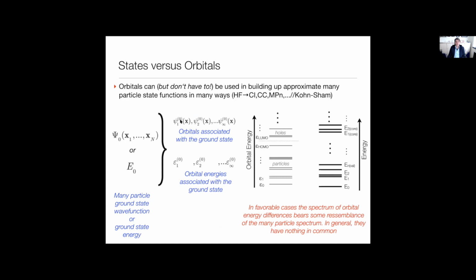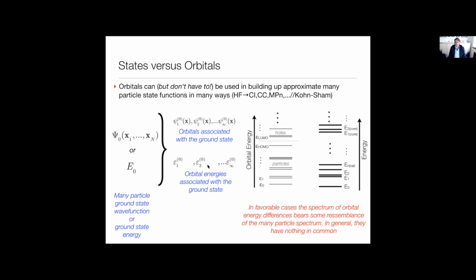And quite typically, these orbitals come with orbital energies that would be the so-called canonical orbitals. And since we normally optimize the ground state, these orbital energies are associated with the ground state. Now you have occupied orbitals, you have unoccupied orbitals. And the occupied orbitals in physics language are called particles, and the unoccupied ones are called holes, and it's all fine and reasonable.